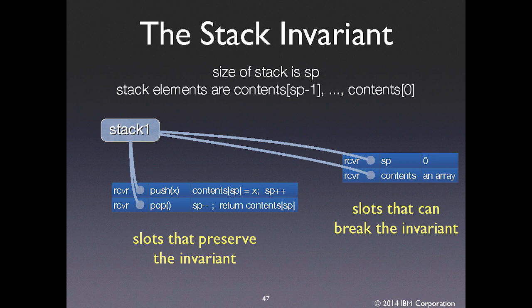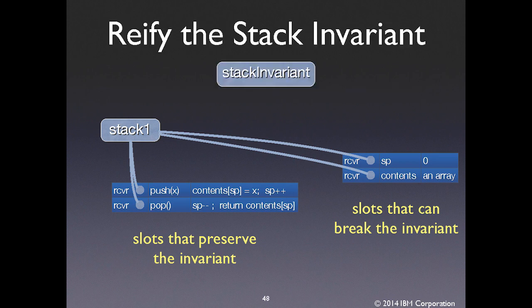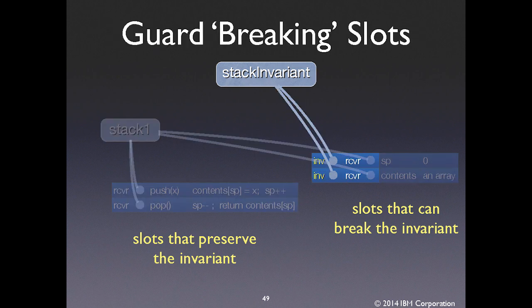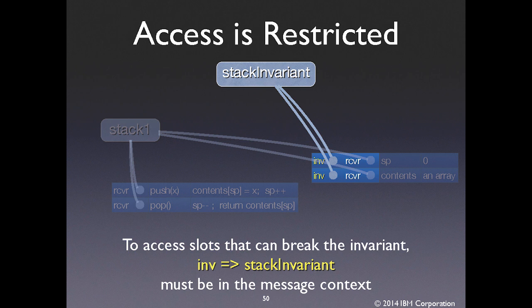Now, in this world, what we can do is we can say that coordinate there is going to represent the invariant. And we're going to guard these slots with another piece of the slot guard in a dimension which we'll call invariant. And now, what's really cool is these slots can only be accessed if this thing is in the context, in the proper role.